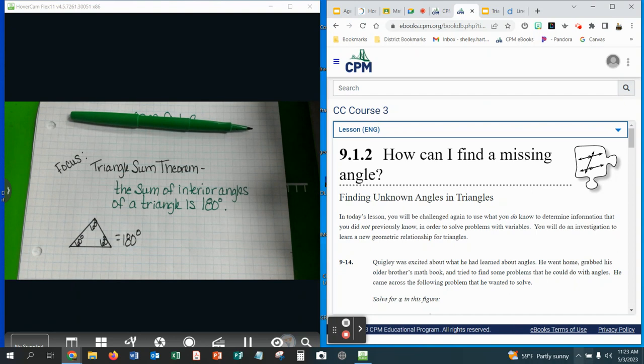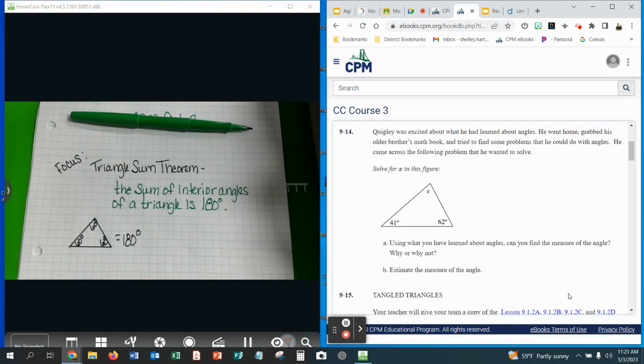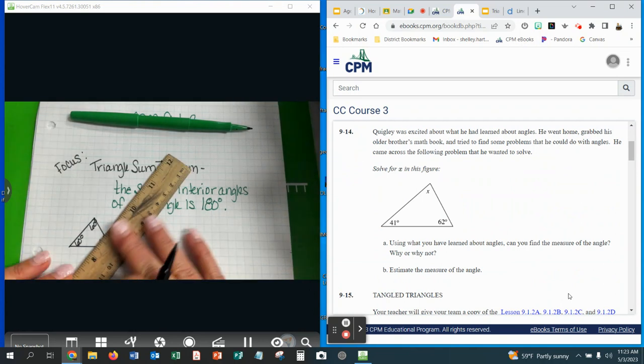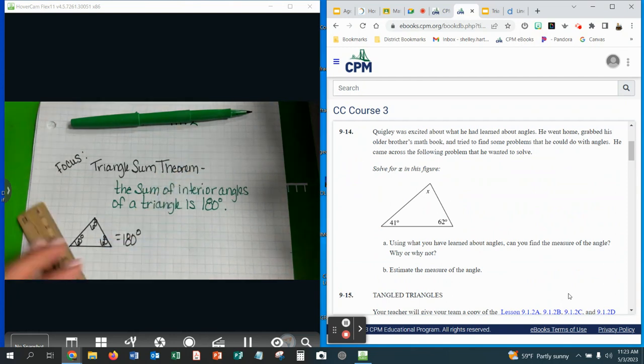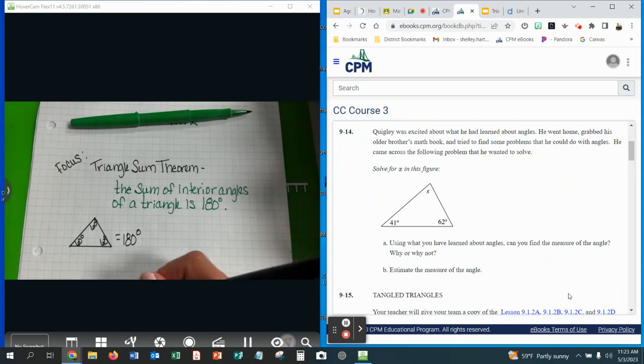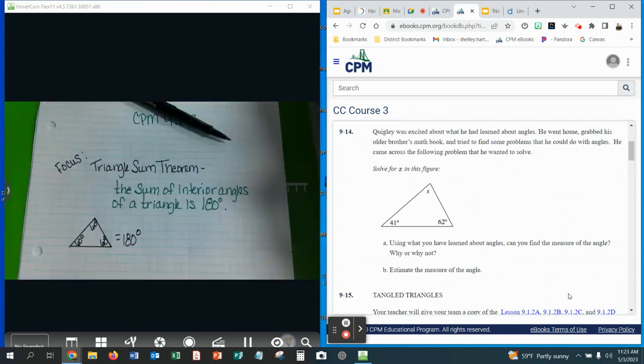All right. So if you take a look at this triangle on 9-14, you have 41 degrees.